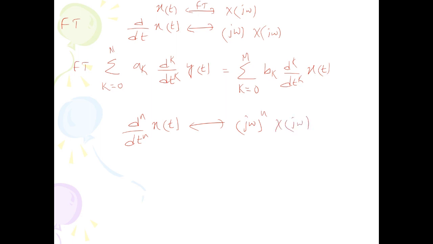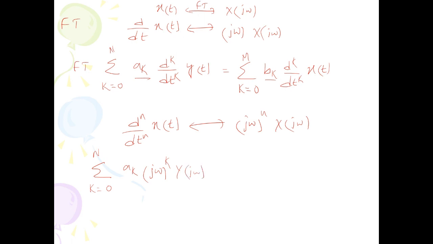Simply because a_k and b_k are constants, summation k is equal to 0 to N a_k d power k by dt power k will have j omega whole power k. This is y of j omega.